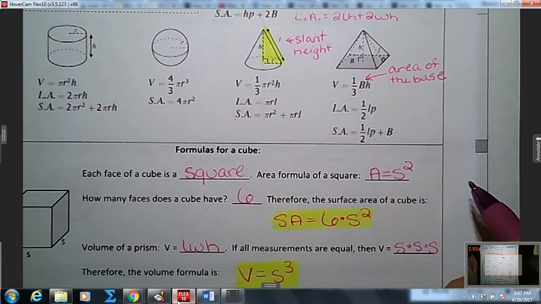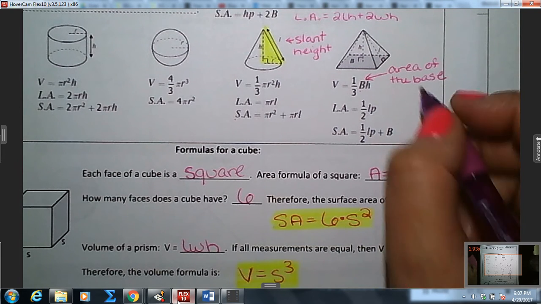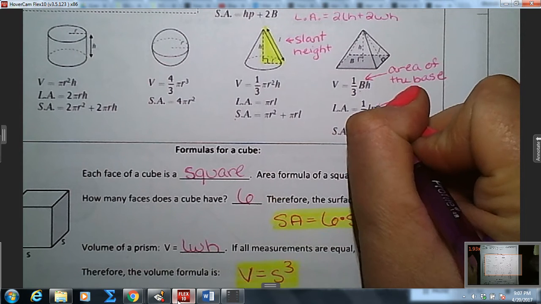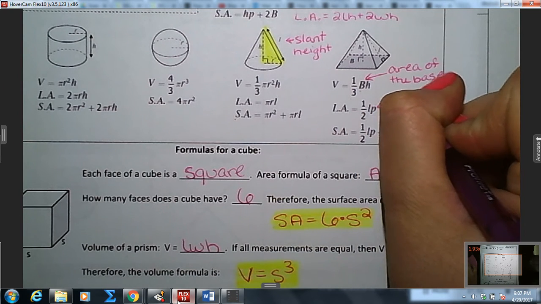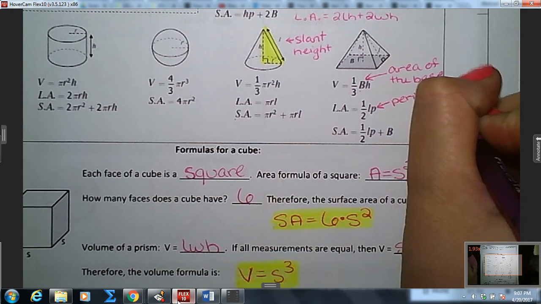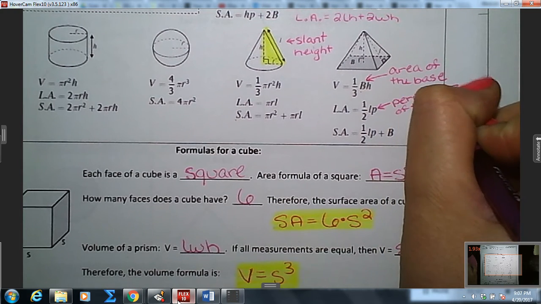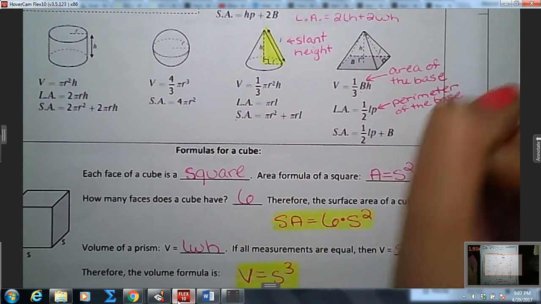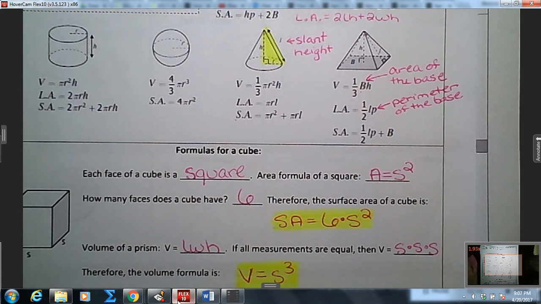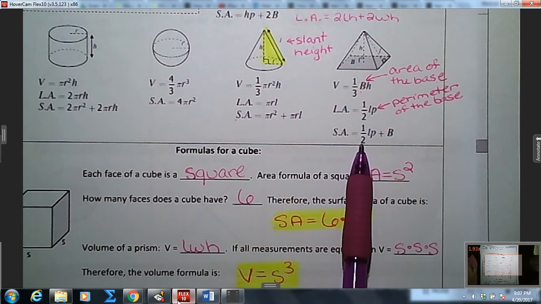P represents perimeter, but it only represents the perimeter of the base.